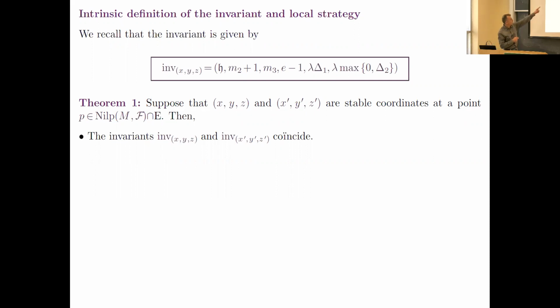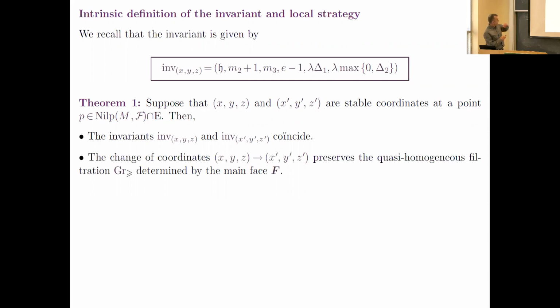So the six-tuple of natural numbers coincide. I'm going to give some ideas of the proof later, but the invariants coincide, first of all, and moreover, and more important, the change of coordinates which maps x, y, and z to x prime, y prime, and z prime preserves the quasi-homogeneous filtration determined by the main face.